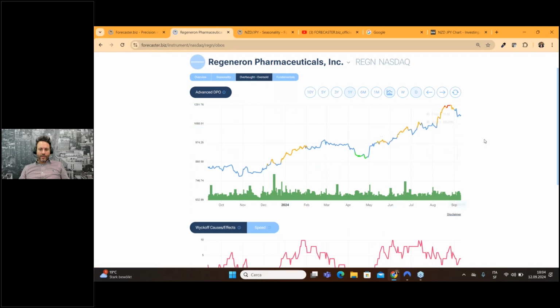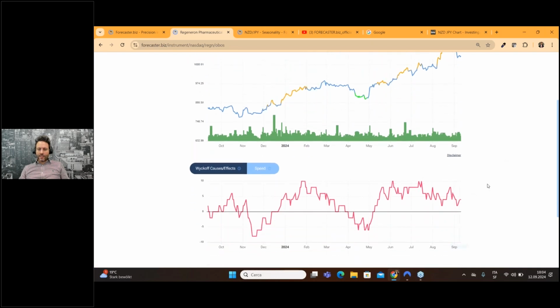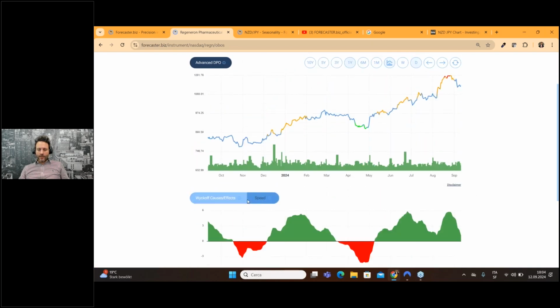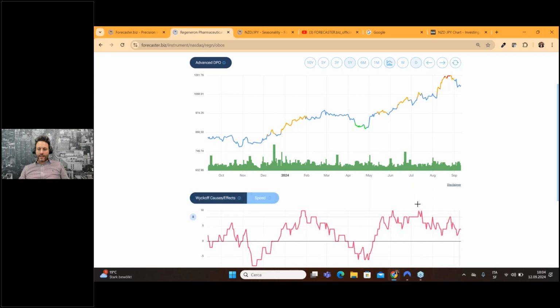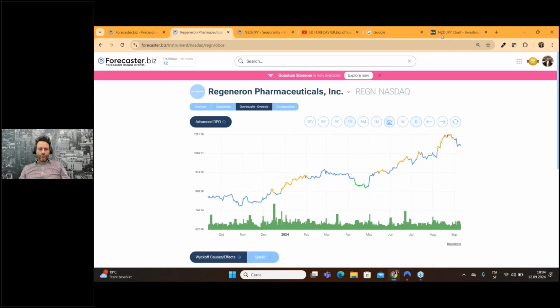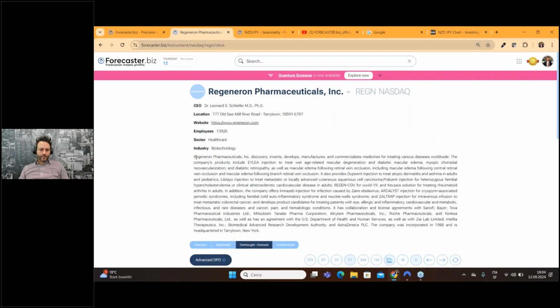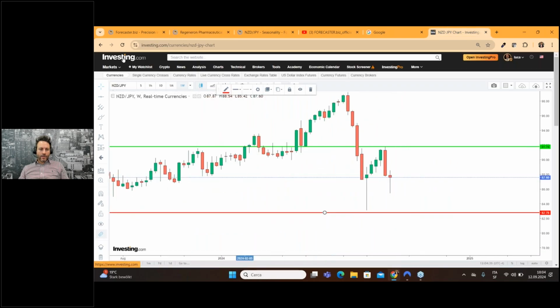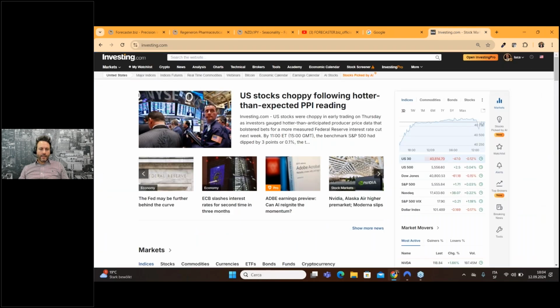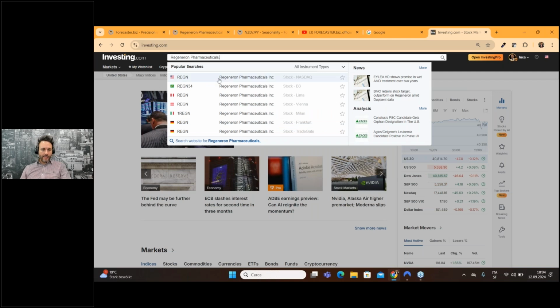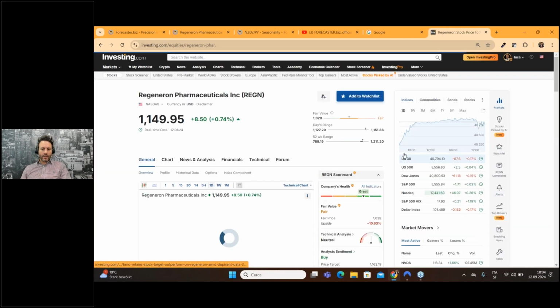So if we go here to the chart, we can see a divergency in our indicator here and here. Okay. So if we go to the chart and we try to analyze this stock, okay, we can definitely say probably here we are.